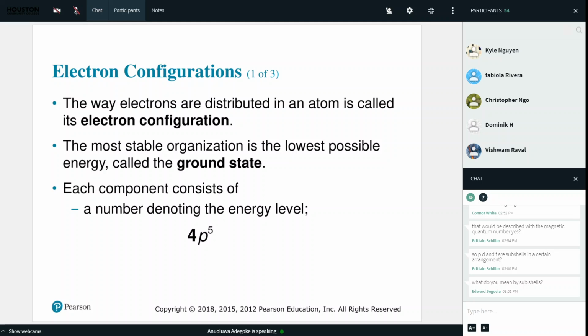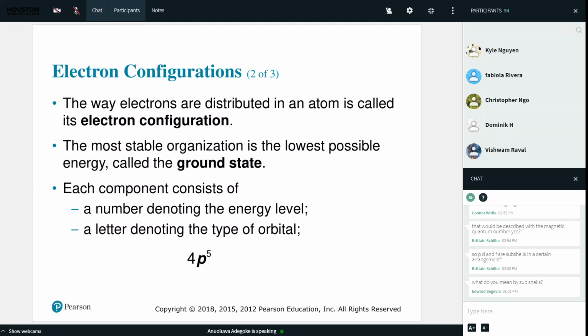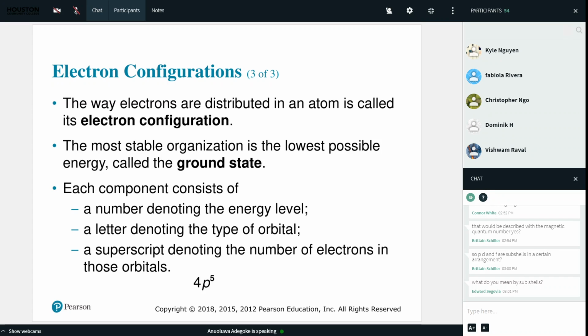Let me go to the next one here to make things fast. I'll use this to explain the electronic configuration, how we write it, and what we need to understand from writing it. Whenever we write electronic configuration, we are basically placing electrons on the energy level in an atom.